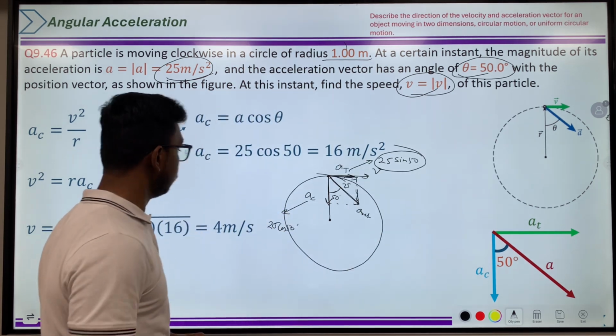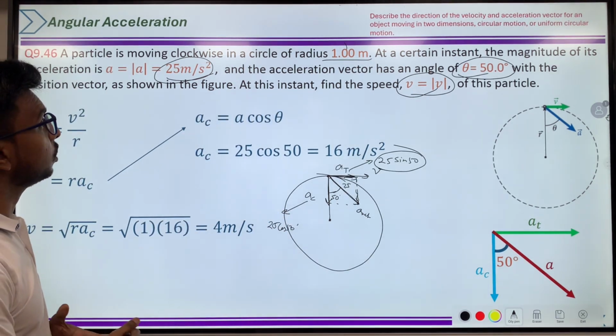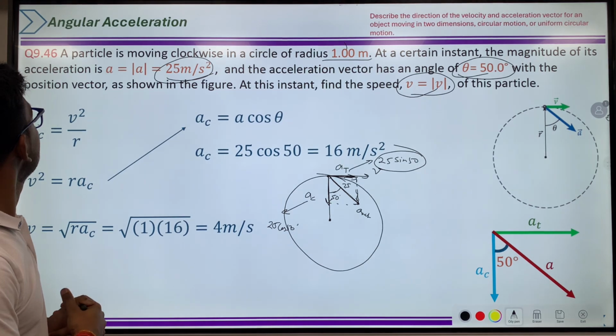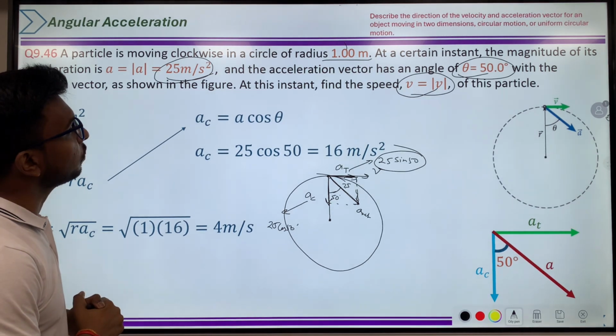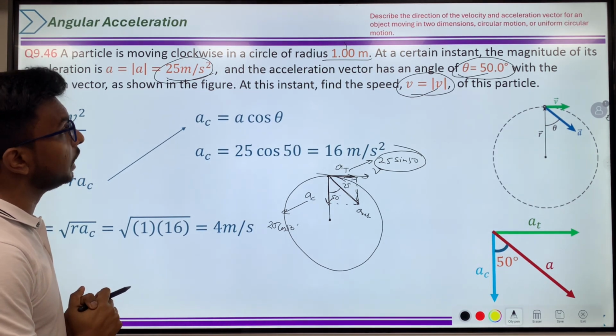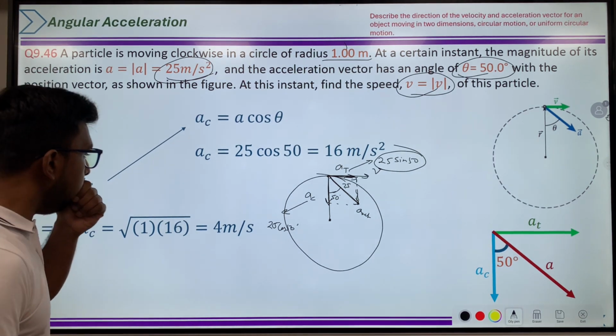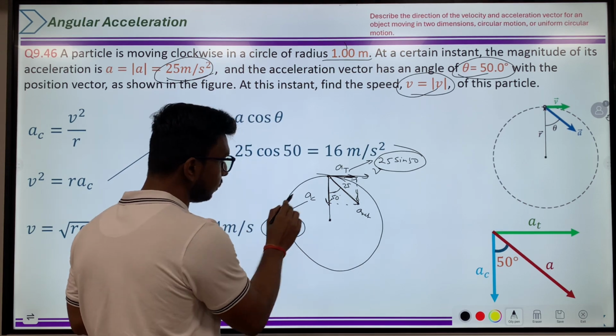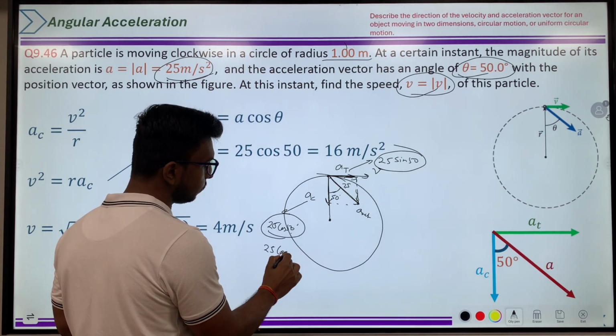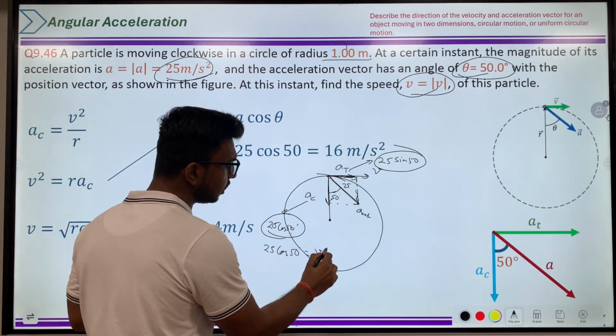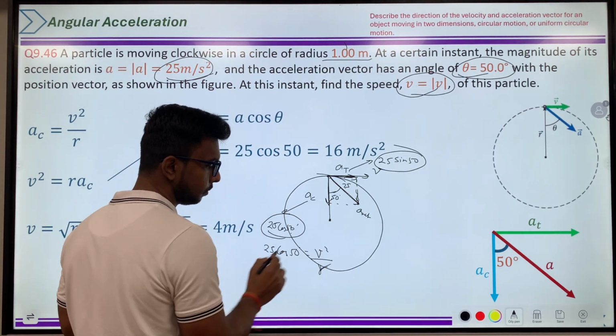What do they want? As shown in the figure, at this instant, find the speed v of this particle. I need to find the speed of the particle at that particular instant. So centripetal acceleration ac will come out to be 25 cos 50. Centripetal acceleration is equal to v square by r.